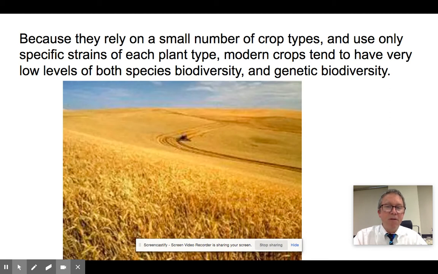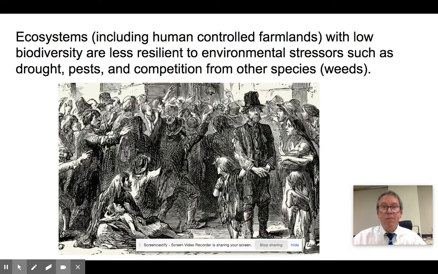So you have just a few genetic strains that are designed to be particularly high in producing what we call photosynthetic products that then can be eaten by human beings. And so there's very little in the way of diversity. And remember, a lack of biodiversity makes things susceptible to things like pests and other problems.